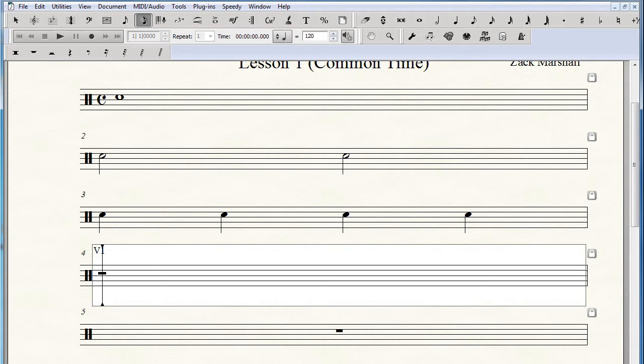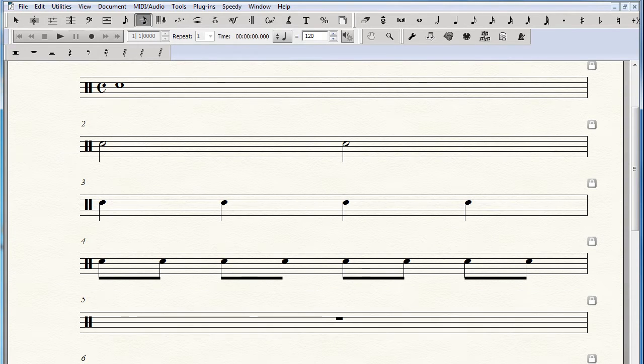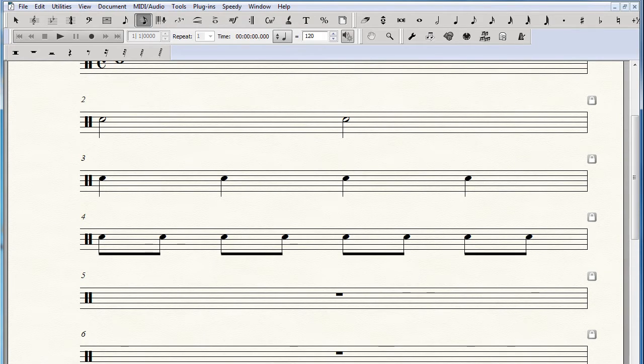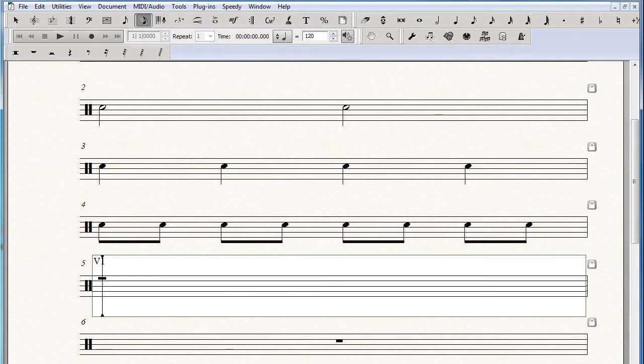So the next step beyond quarter notes is eighth notes. And there's going to be 8 eighth notes because each takes up 1/8 of a measure, and so you're going to need 8 of them to fill in the entire measure. And the next level beyond that are 16th notes.